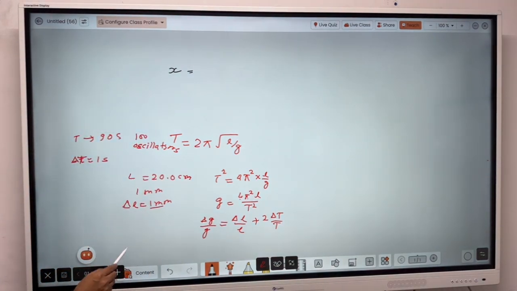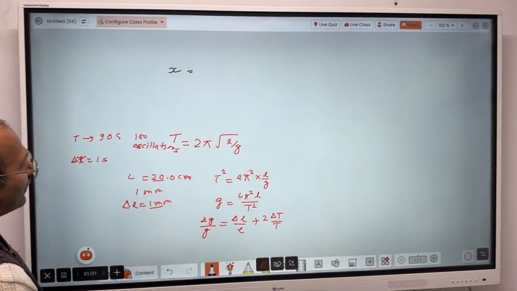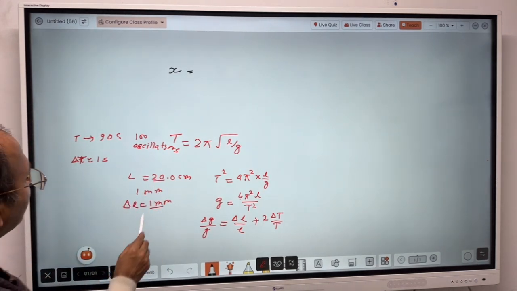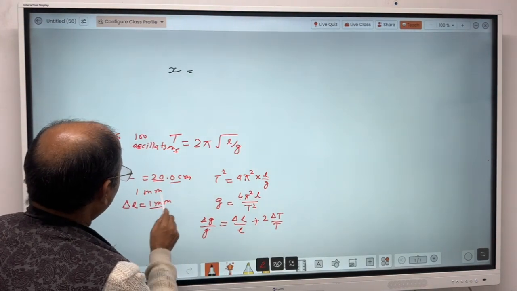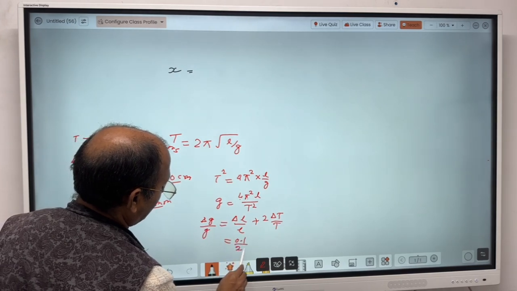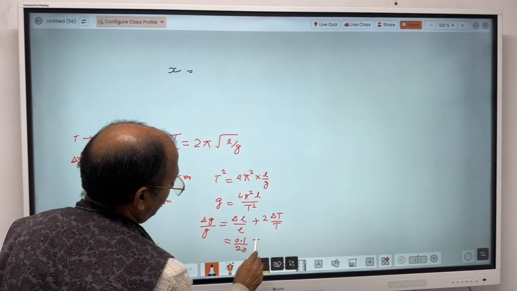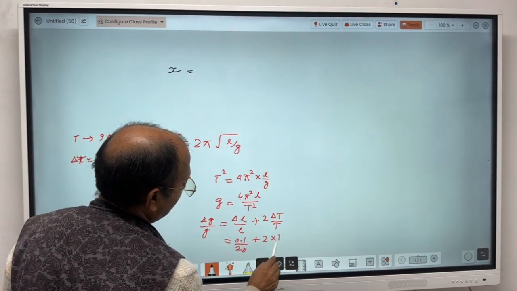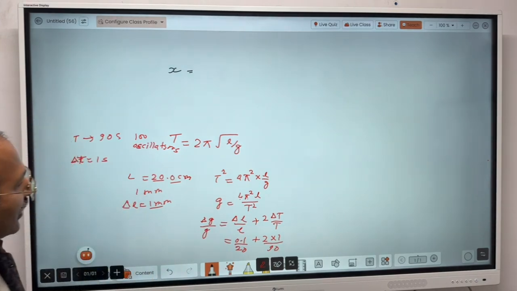Delta L is 1, and here this is 20. So 1 divided by 20. 1 mm accuracy, so not 1, this is 0.1 divided by 20. And then here 1 second is accuracy, twice of 1 second accuracy divided by total time, which is 90 seconds.